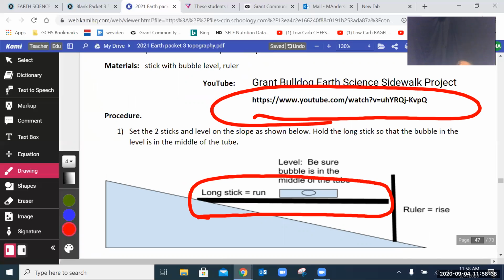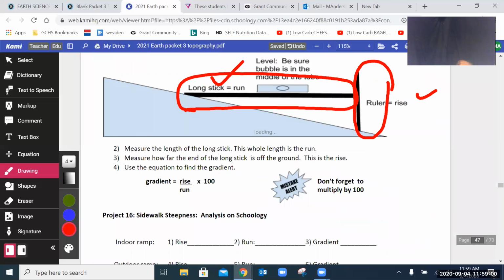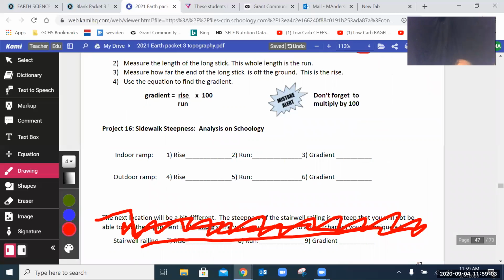One is a ruler with a bubble level on it, and another is just a plain old ruler stick. You make a triangle like that, and from the rulers you can see the rise on that ruler and the run on the long one with the bubble. Then do your division and multiply by 100. The video will zoom in on the ruler so you can see the rise and the run for each of those locations, and then you do your calculations on your calculator to figure out the gradients.